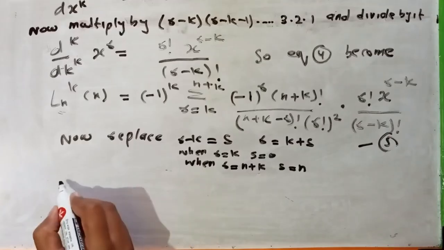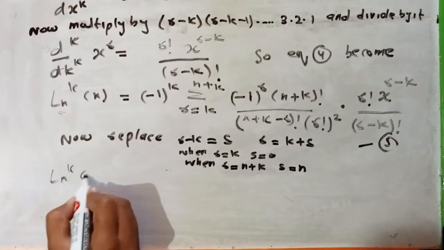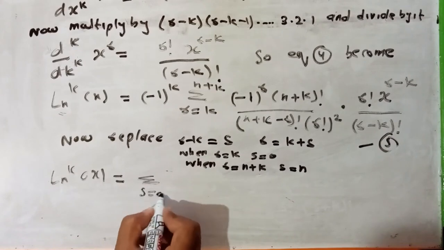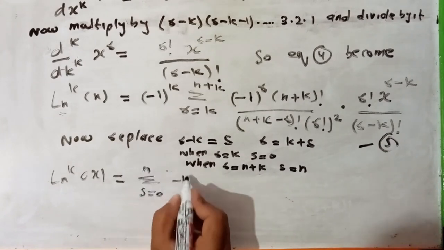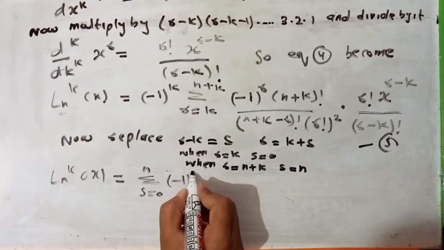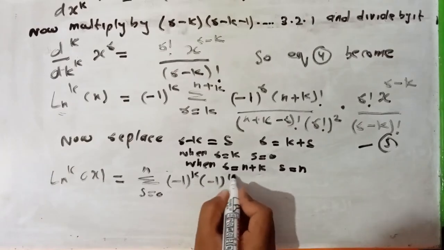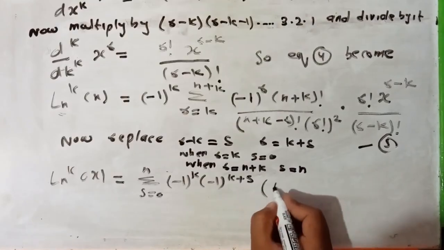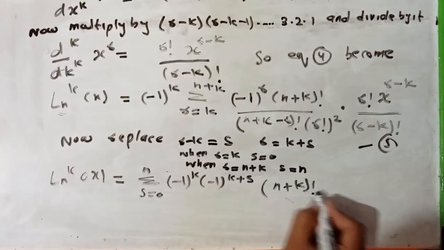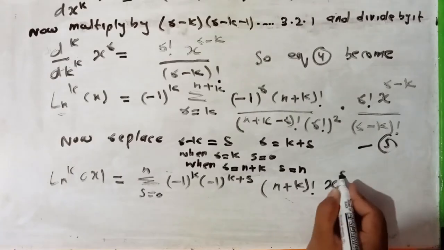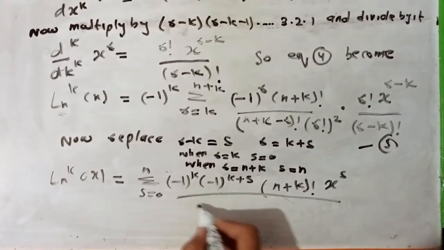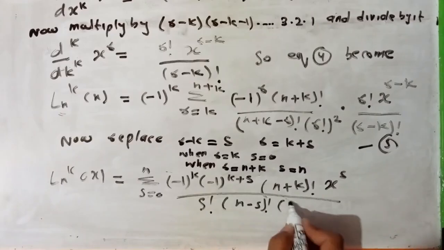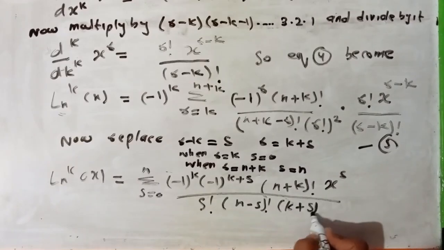So equation 5 becomes L_n^k(x) is equal to the summation s is equal to 0 to n of (-1)^k (-1)^(k+s) (n+k)! x^s over s! (n-s)! (k+s)!.